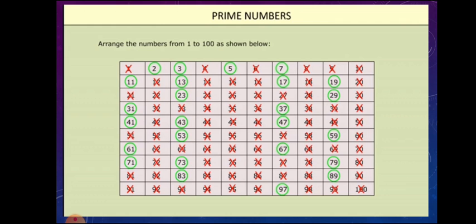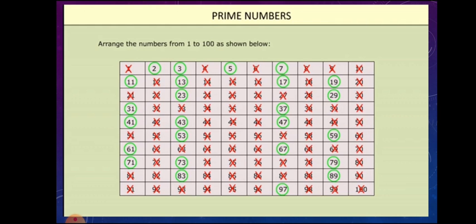First circle the number 2, then cross out all the multiples of 2, just like 4, 6, 8, 10, 12, 14, just like this.